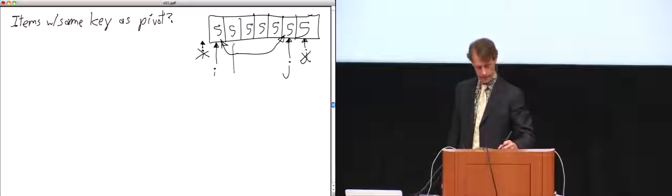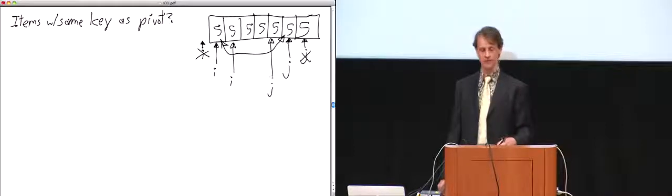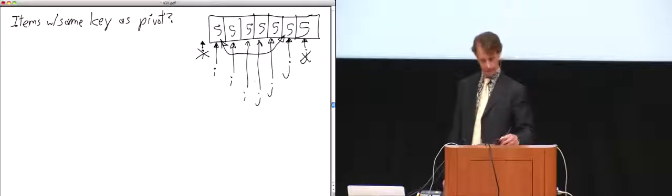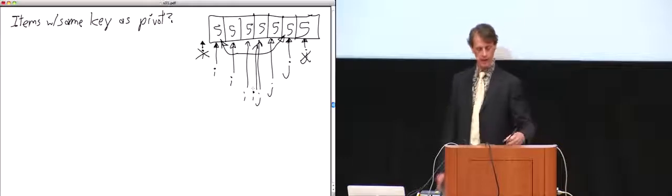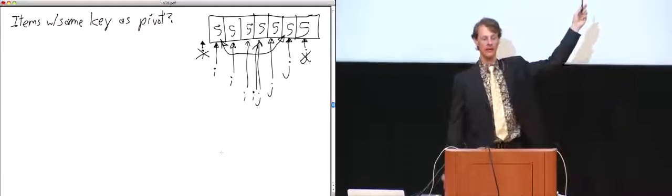Because then what we're going to do is we will move the I 1 more step forward. We will move the J 1 more step backward. We'll swap again. We swap the 5 with a 5. We move the I forward and the J backward. We swap again, the 5 with a 5. We move the I forward. We discover that we are done. And now you'll notice that the I and the J are in the middle.